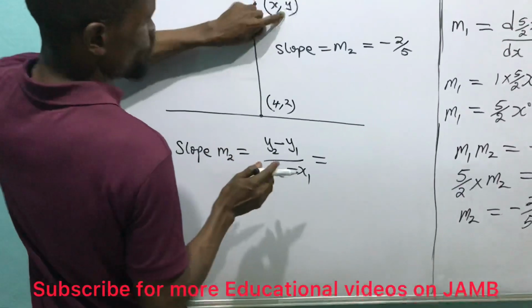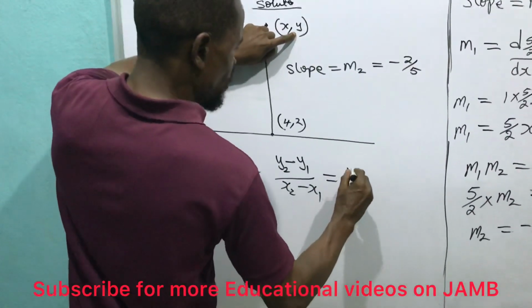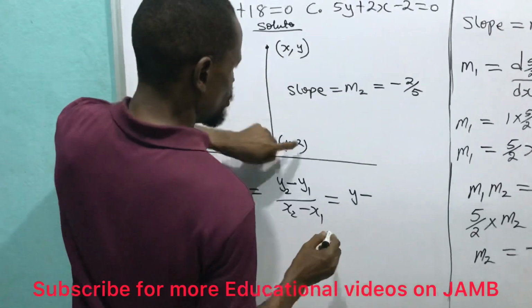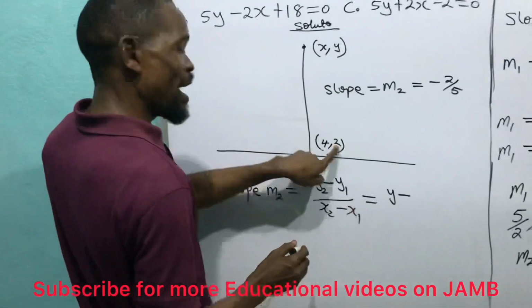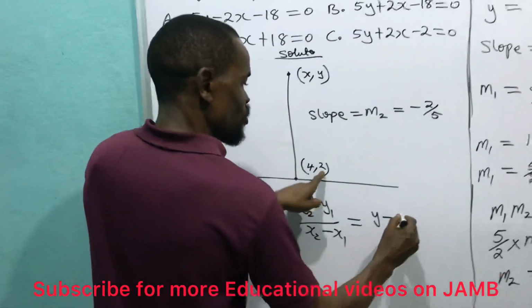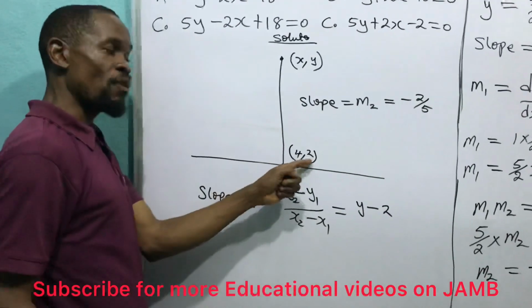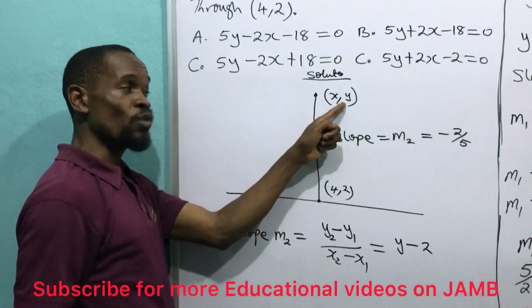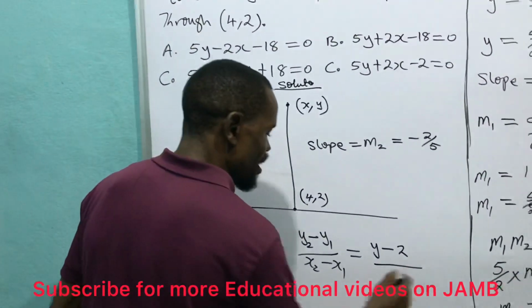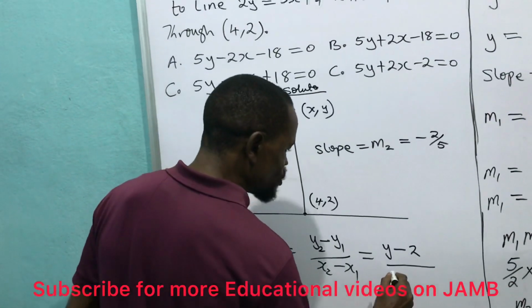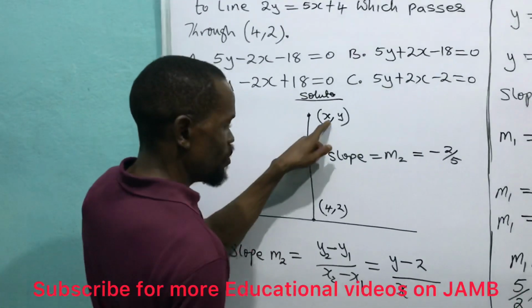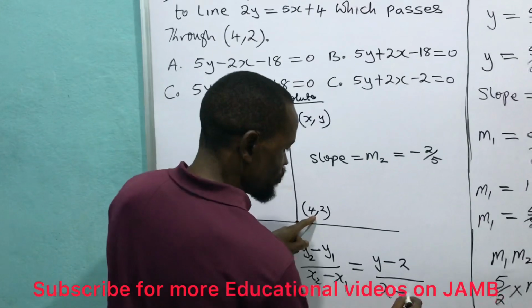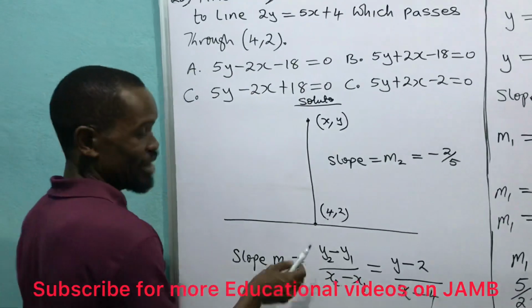My y2 is y, minus my y1, which is 2. Look at this, my y1 is 2, my y2 is y, my x2 is x, and my x1 is 4, that's x minus 4. Are you getting what I'm saying?